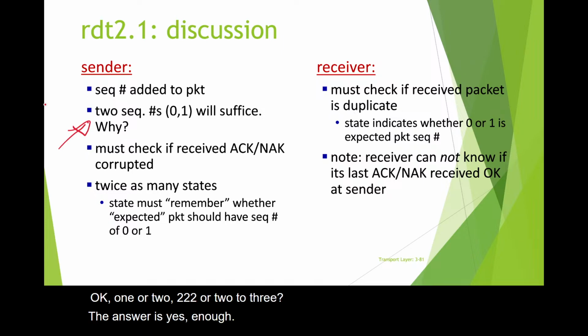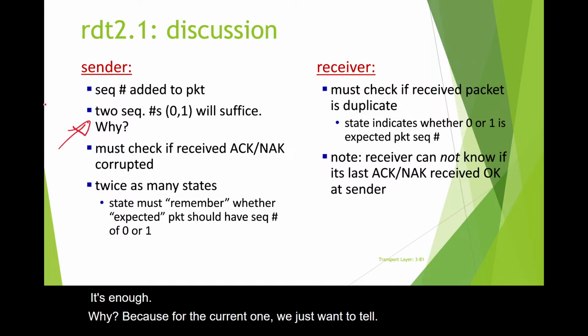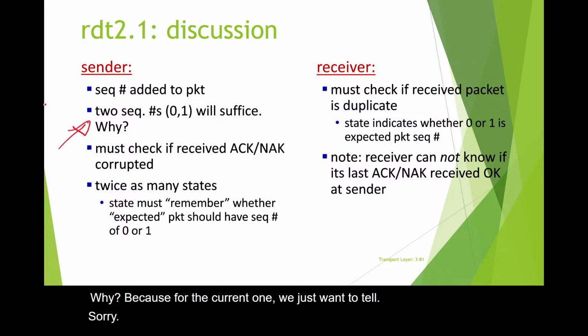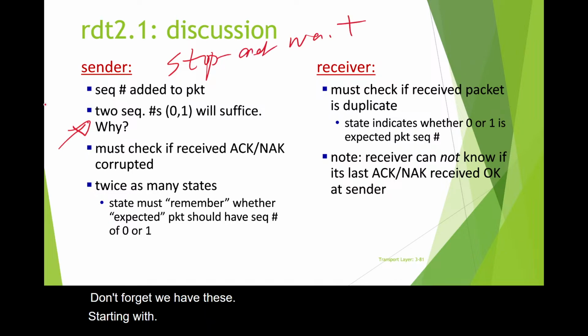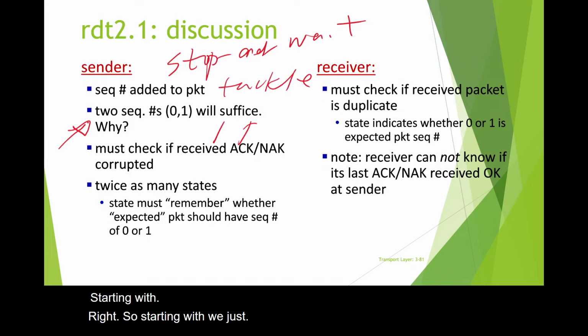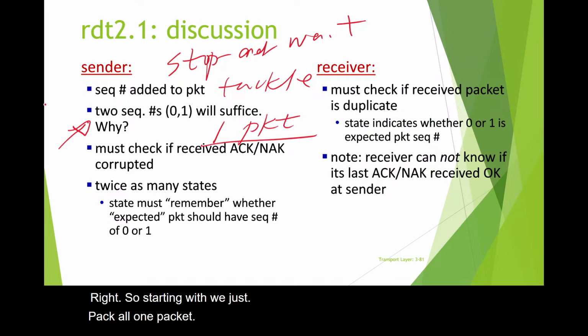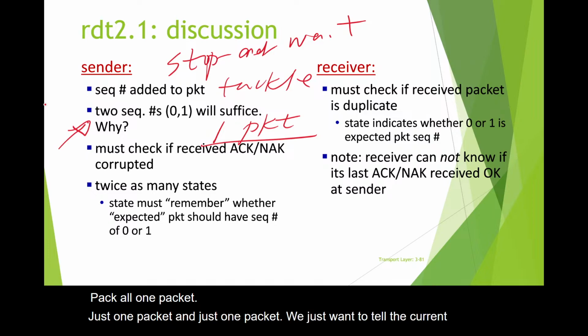It's enough. Why? Because for the current one, don't forget we have stop and wait. With stop and wait, we just tackle one packet. Just one packet, and we just want to tell the current packet or the previous one.